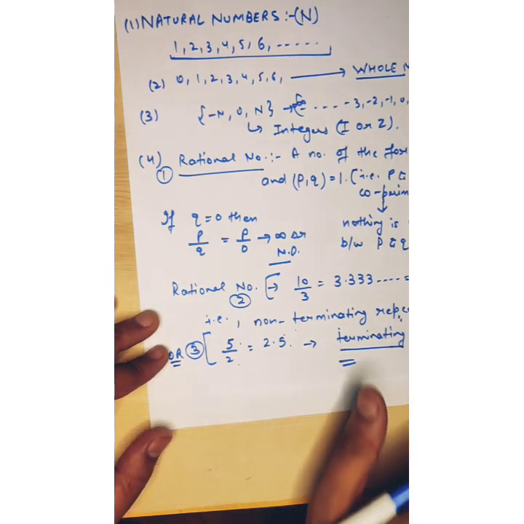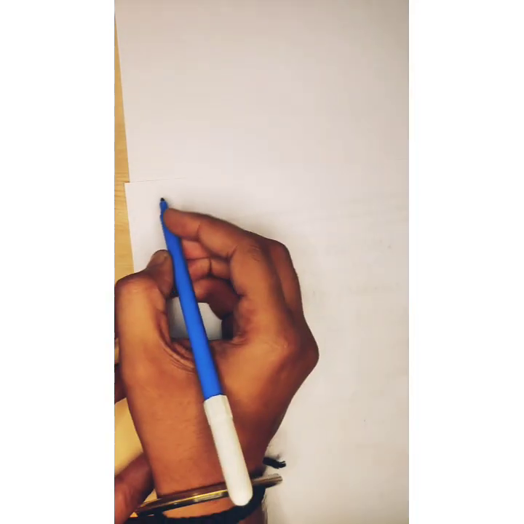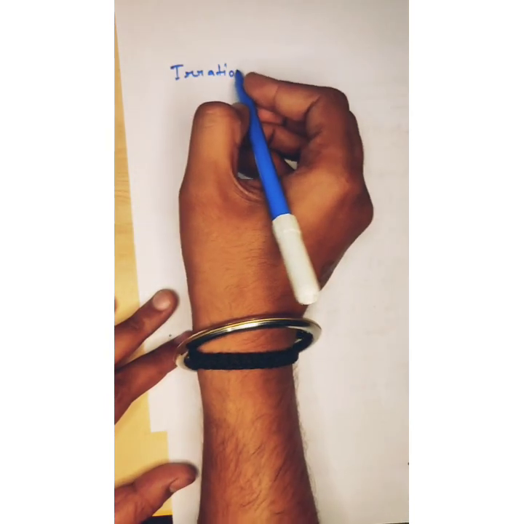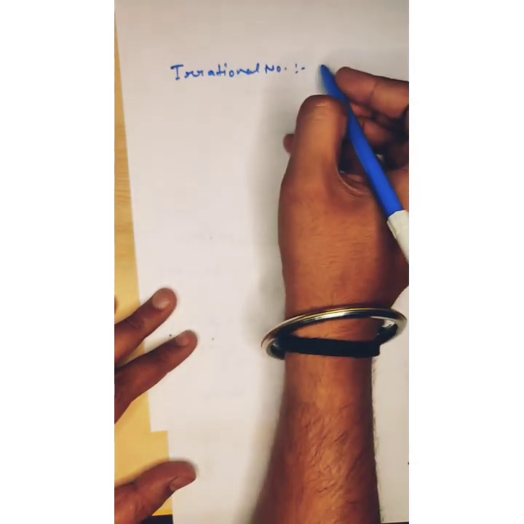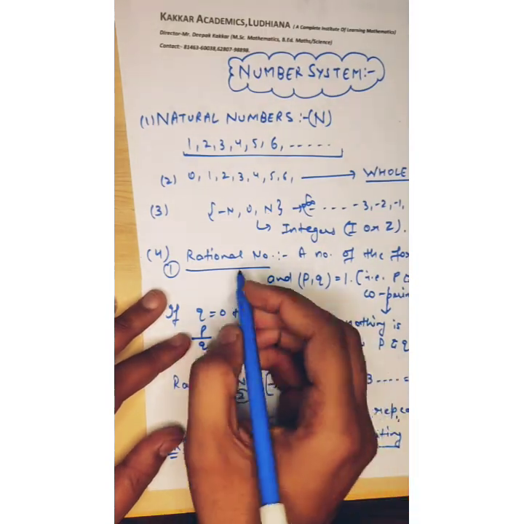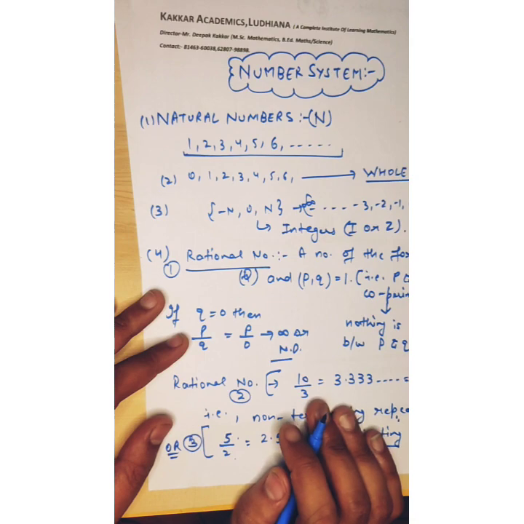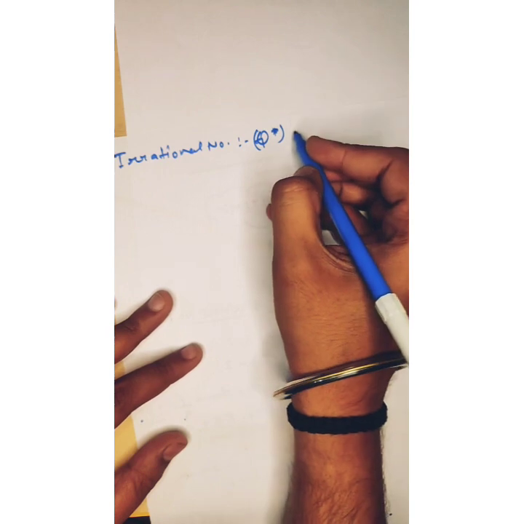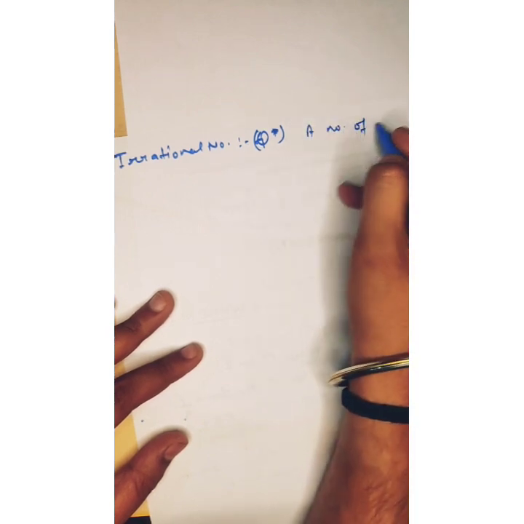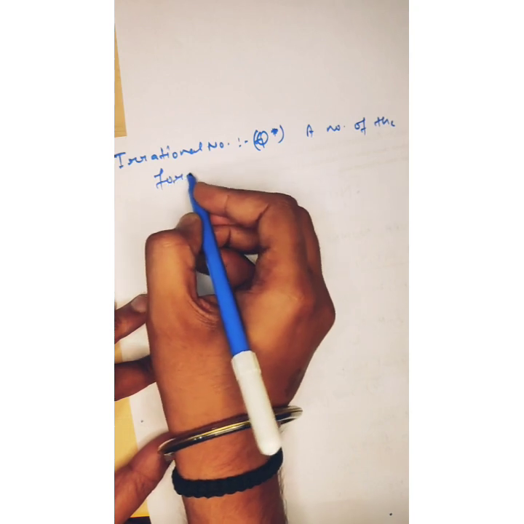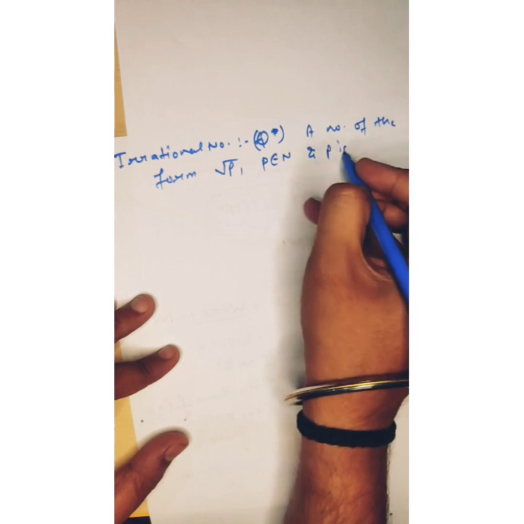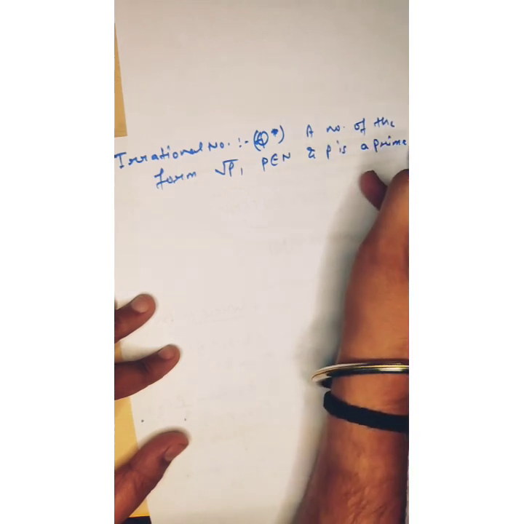Now the next is irrational numbers, which are denoted by Q star. One thing I skipped here, sorry: the rational number is denoted by capital Q. Now an irrational number, denoted by Q star, is a number of the form under root of P, where P belongs to natural numbers and P is a prime number.